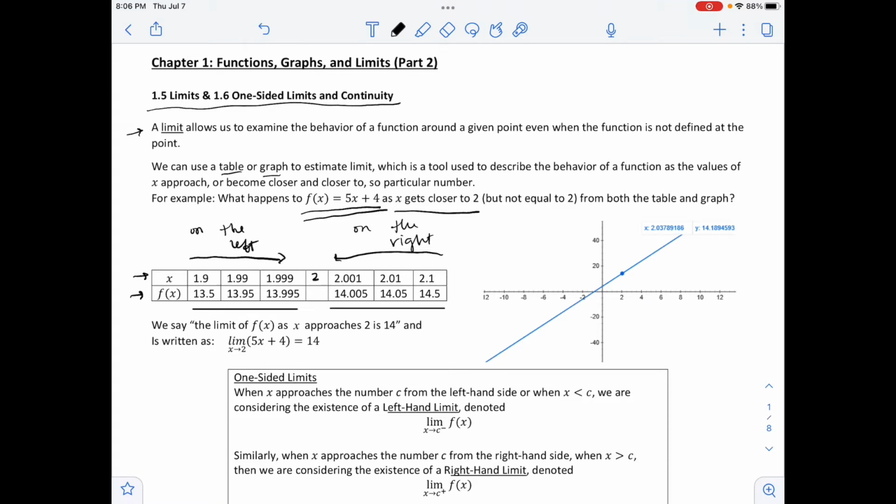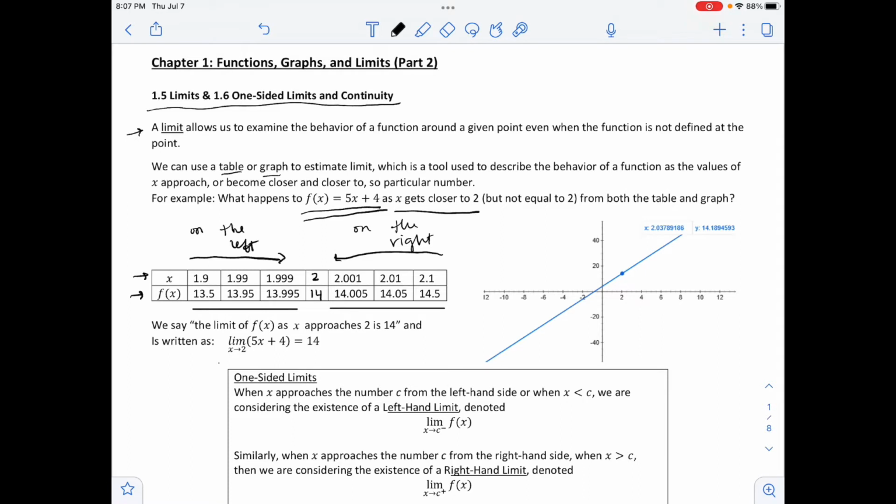And so you'll see that these values, as we get closer and closer to 2, are approaching 14 also. So we can say that this value would be 14, since the left side is approaching 14 and the right side is approaching 14 for our y values. So we can say the limit of f of x as x approaches 2 is going to be 14.